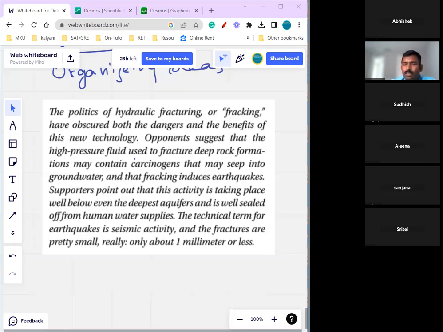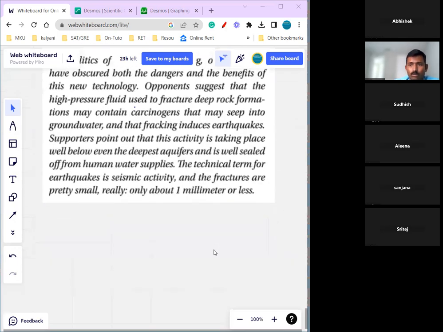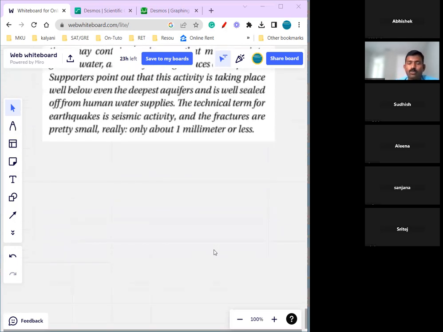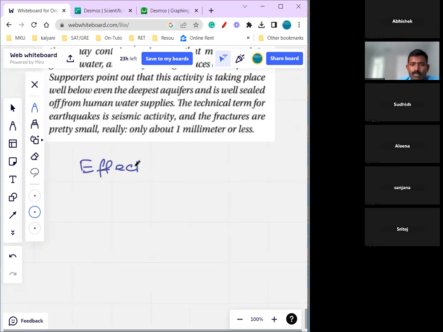So whenever a passage is given to you, you always look at these things, because you're going to read passages and answer questions based on them.